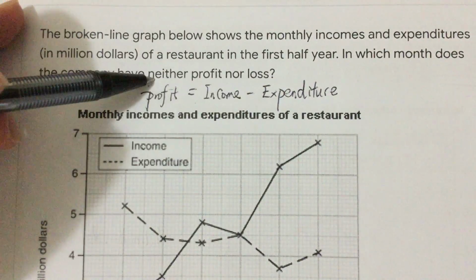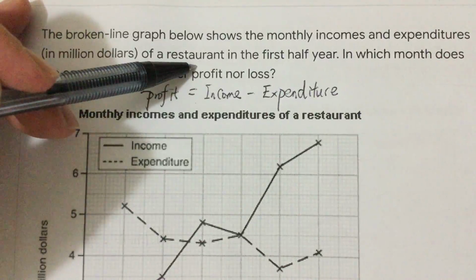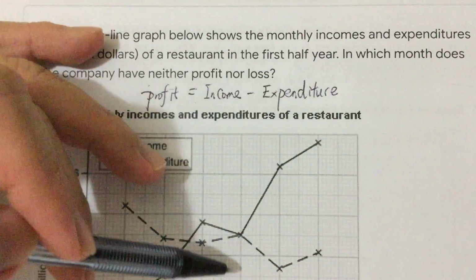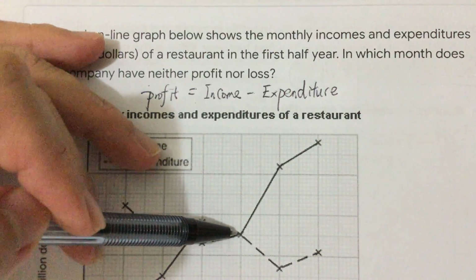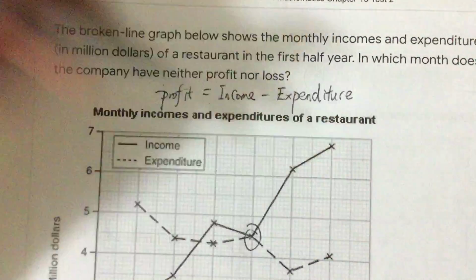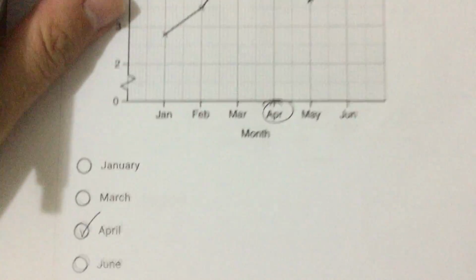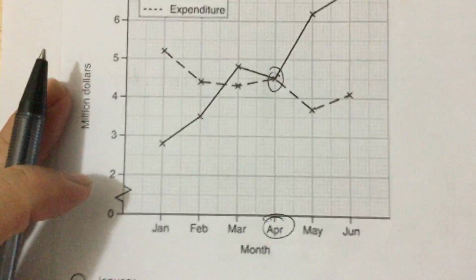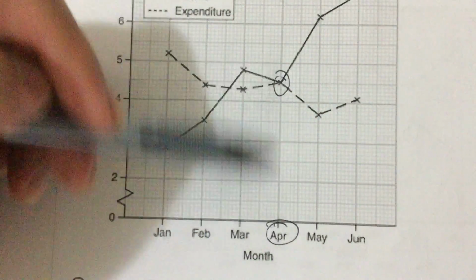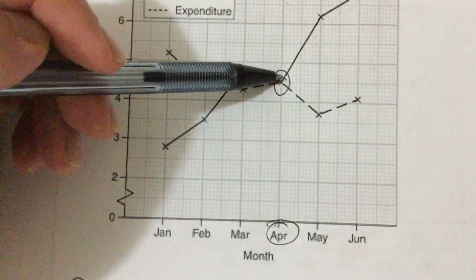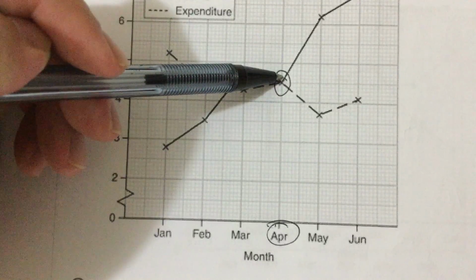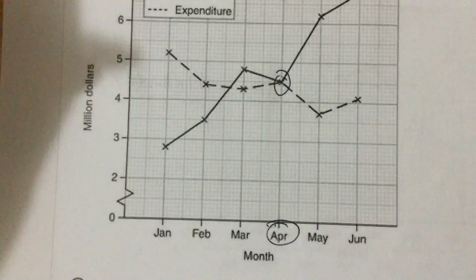That means we do not have profit and also we do not have loss. The only one that means the points overlap. So look at what is the month here. That is April. So the answer will be April here, because only April will not have profit or loss, because the income and the expenditure are the same. So we solve the problem like this.